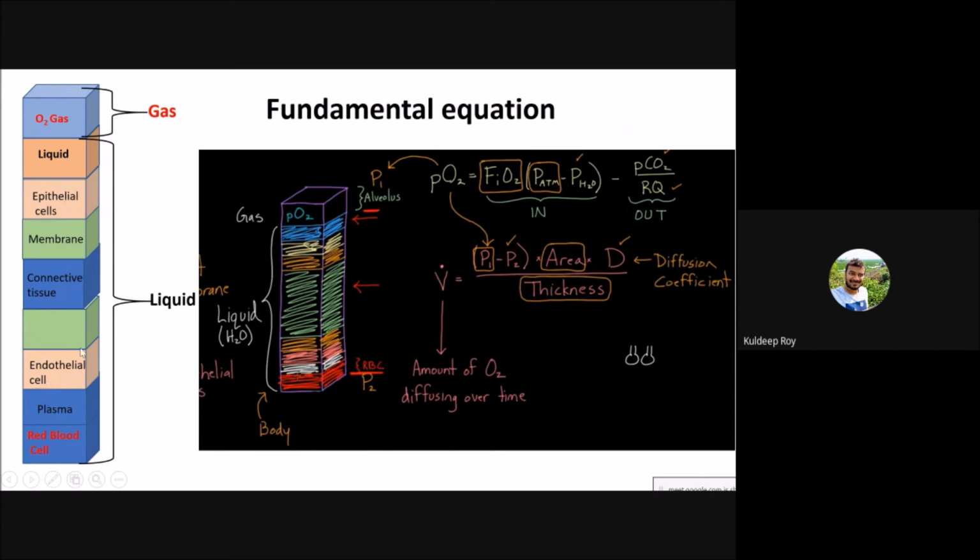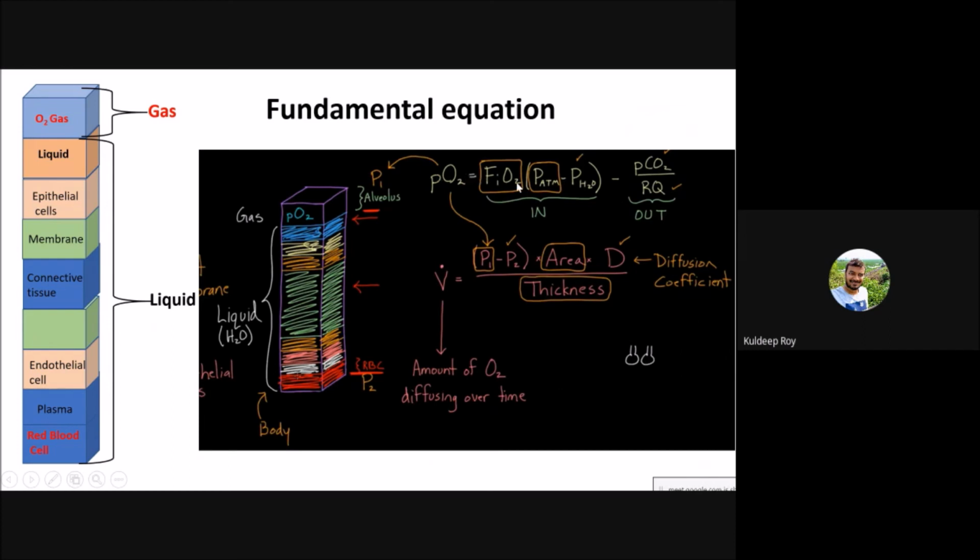Okay, so how will you write that oxygen will be in and out, and there will be some kind of accumulation. Then how will you write that expression, the PO2, the oxygen molecule entering. This is the partial pressure of oxygen.